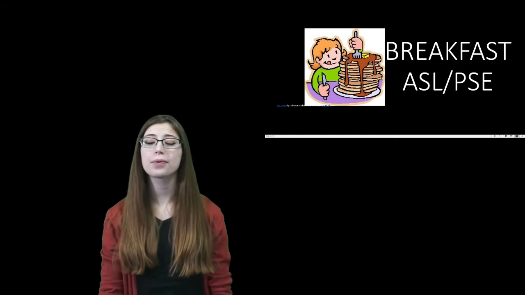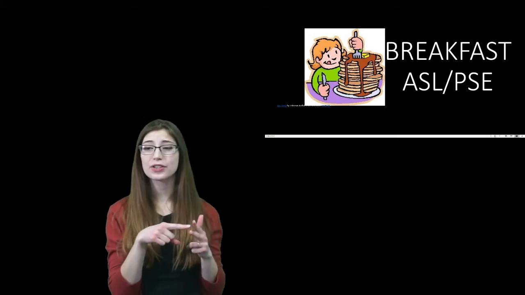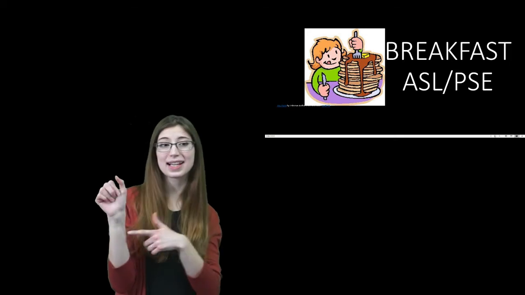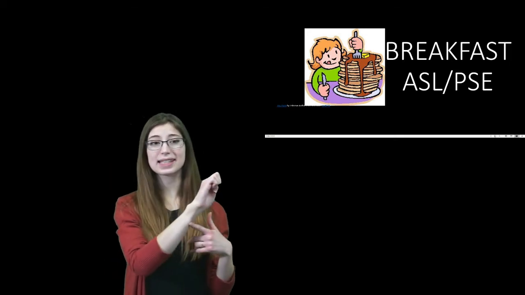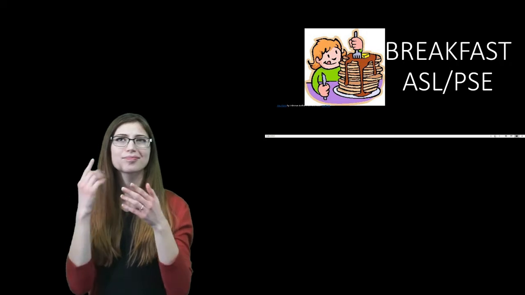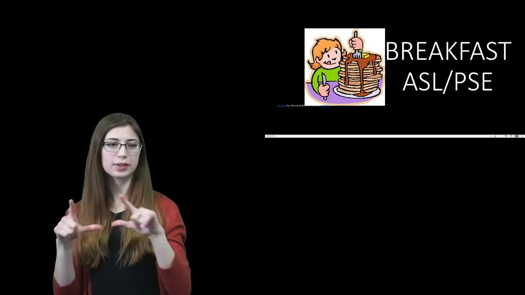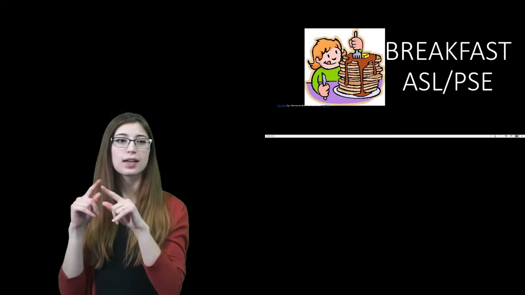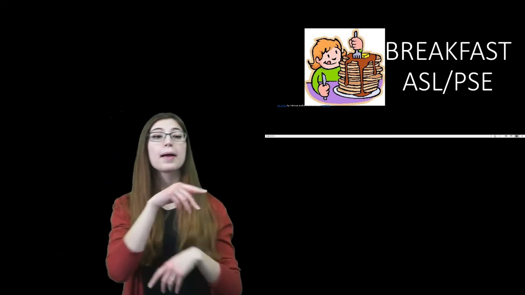Breakfast. So for the signs breakfast, lunch, and dinner, there are 2 different ways that things can be signed. There's the ASL and the PSE. ASL is American Sign Language. It has a different grammatical structure. It's different than English.